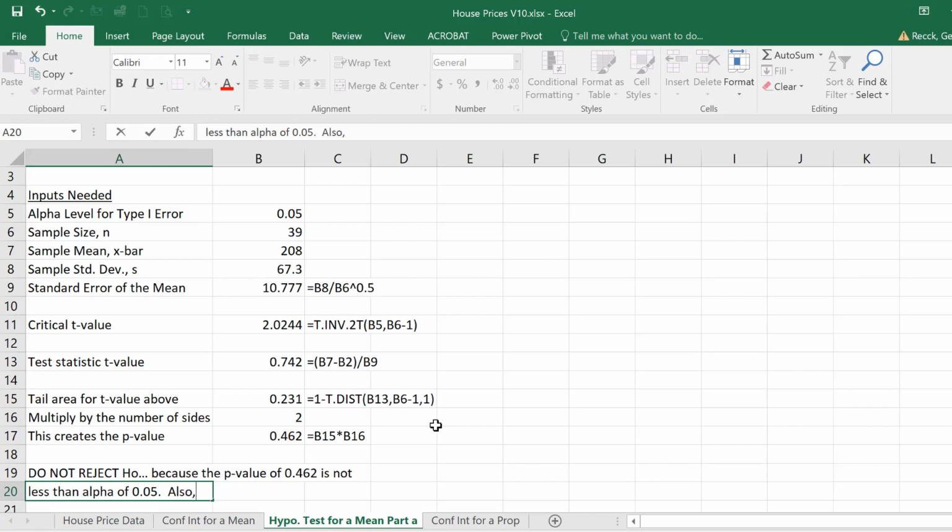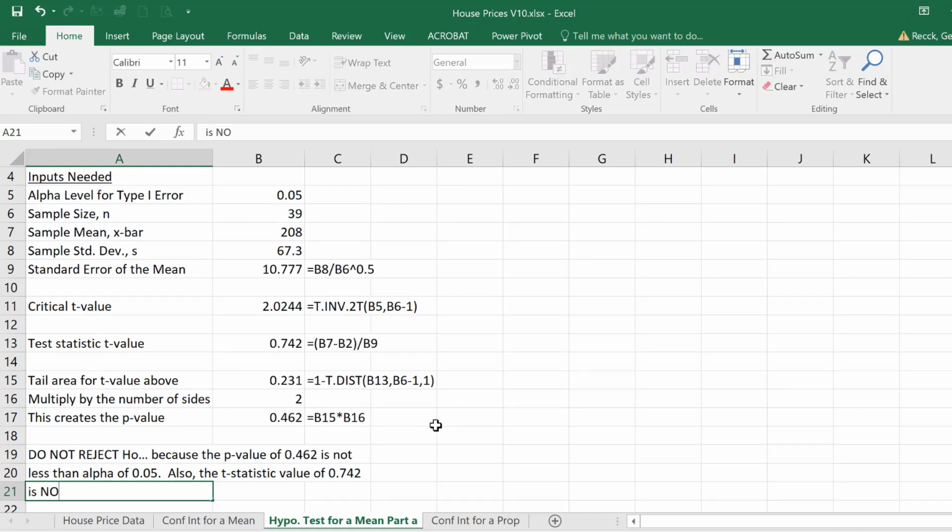Also, the test statistic value of 0.742 is not greater than 2.0244.